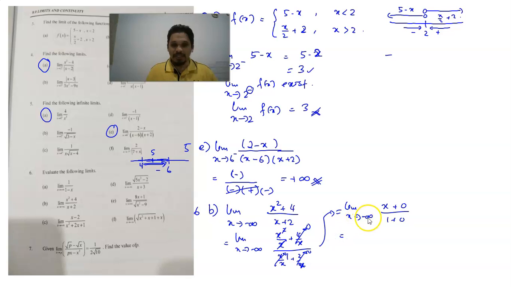Substituting x with negative infinity, plus 0 divided by 1, is negative infinity.